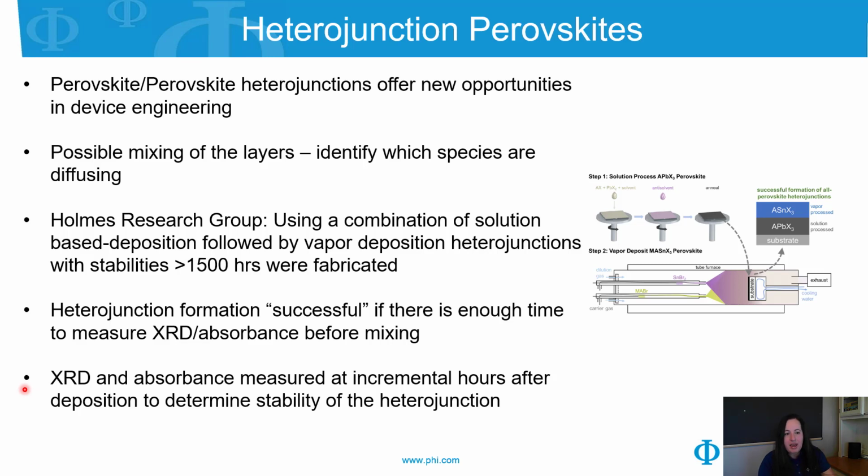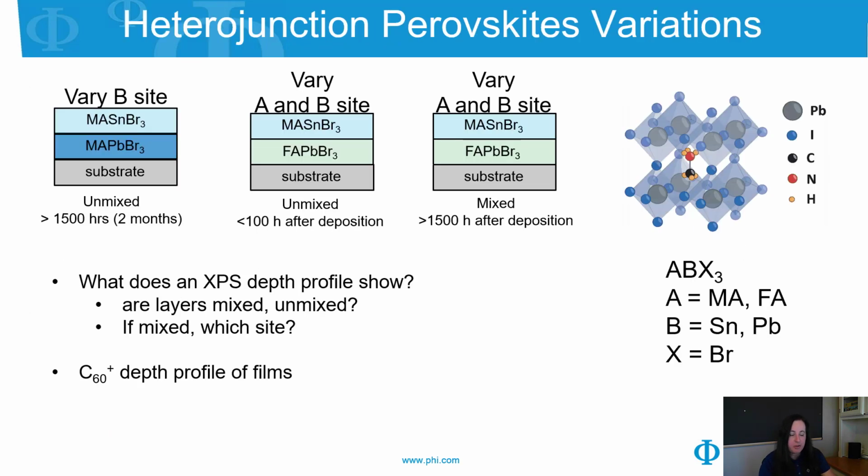What they do is they deposit their film, and then they measure X-ray diffraction and absorbance at incremental hours afterwards to see when the heterojunction starts to mix or if it stays separated. So for the XPS contribution to this work, what we did is we looked at 3 perovskite heterojunctions.